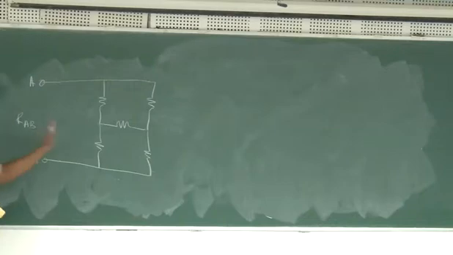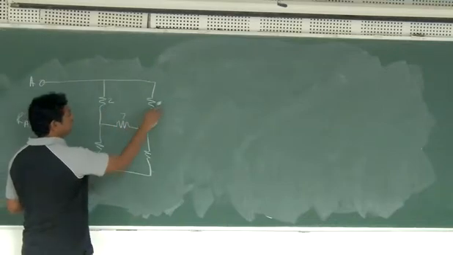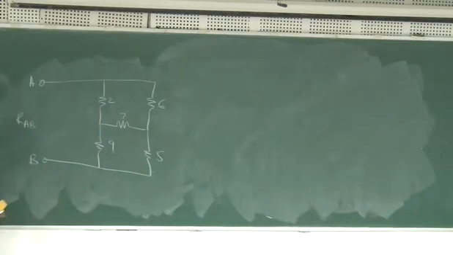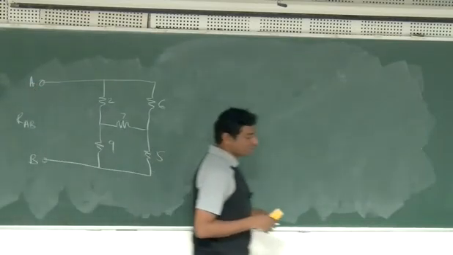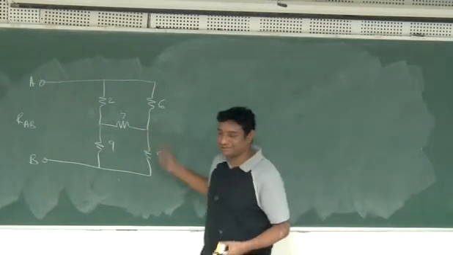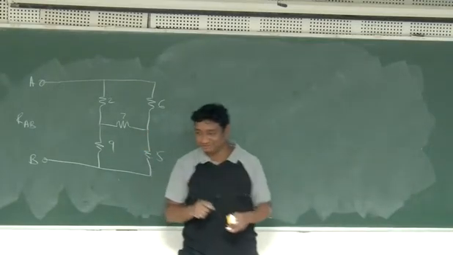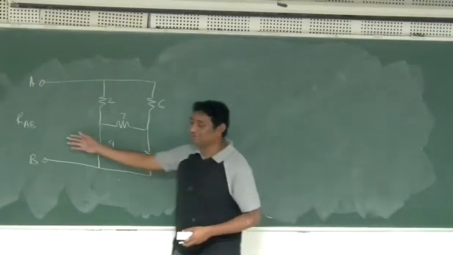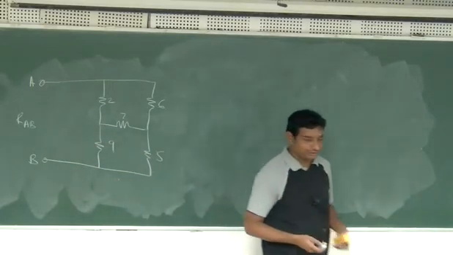Let's say the resistors are 2, 7, 6, 9, 5, something like this. How do you find RAB, the resistance between A and B? One thing is you connect this and use the ohm meter and measure it. That's an easy way if you have all the components. But how do you find the value of RAB?